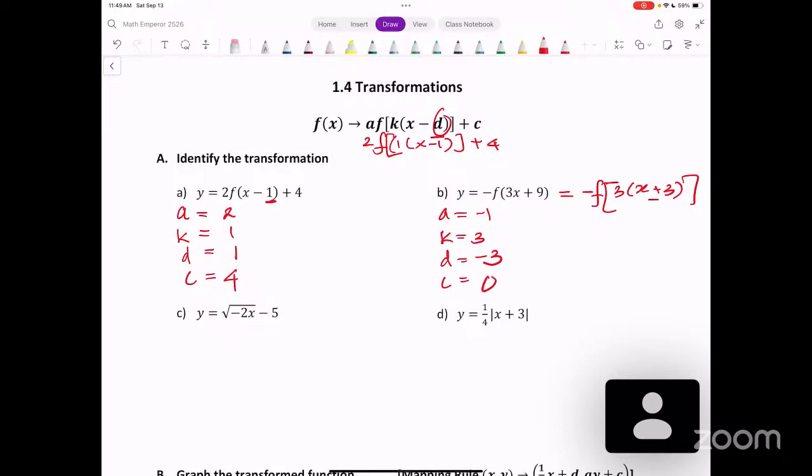Going back to Kevin. What's the value of A, K, D, and C? So what's the value of A? A is 1. Okay.